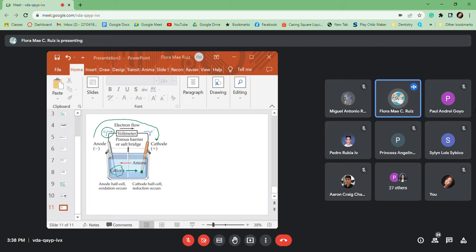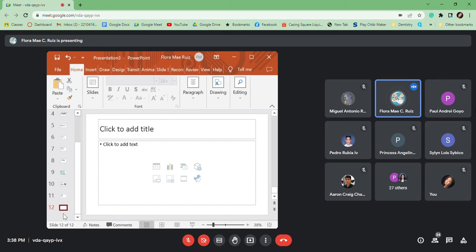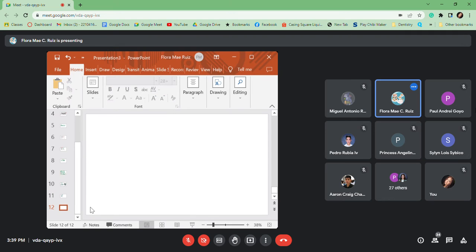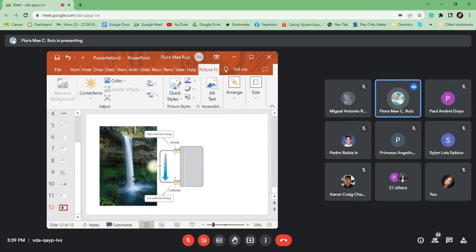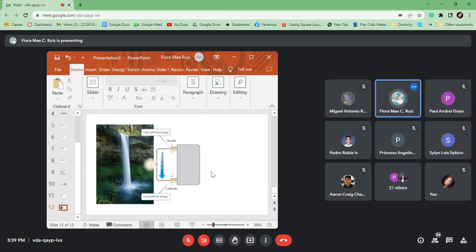Now let's discuss about what we call electromotive force. So one analogy for this is kanang waterfall. Okay, water flows spontaneously, one way na waterfall from a high ground towards a low ground. So comparably, your electrons always flow spontaneously one way in a redox reaction from a high potential energy towards the low potential energy.